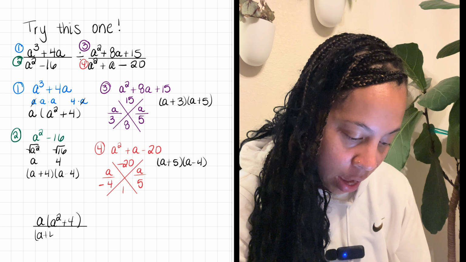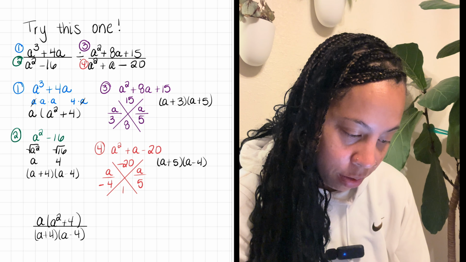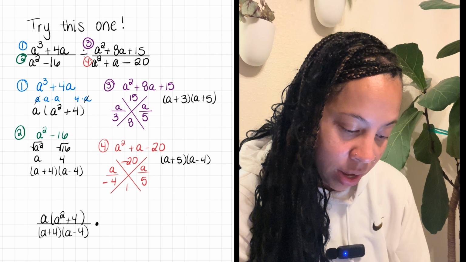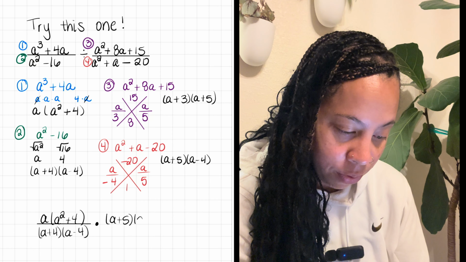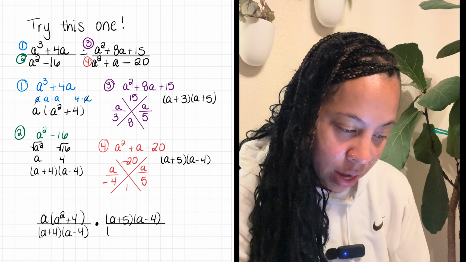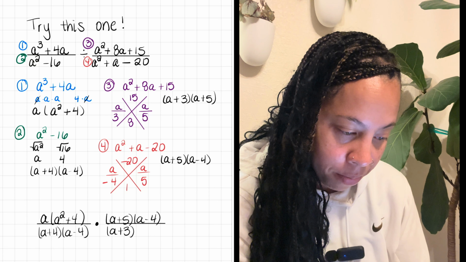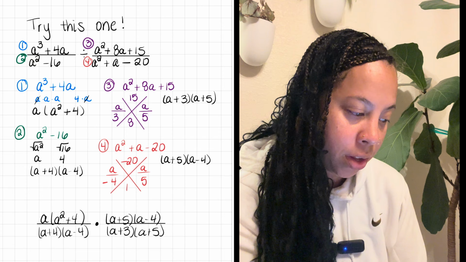I have a plus 4, a minus 4 on the bottom, and then we inverse and we multiply. So I'm going to put this a plus 5, a minus 4 on top, and my a plus 3, a plus 5 on the bottom.